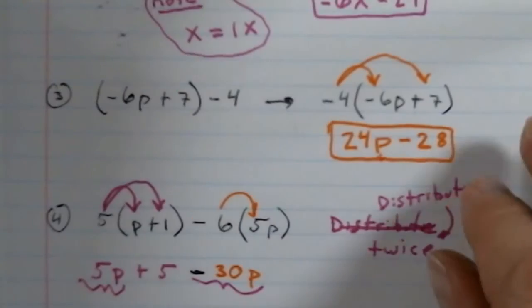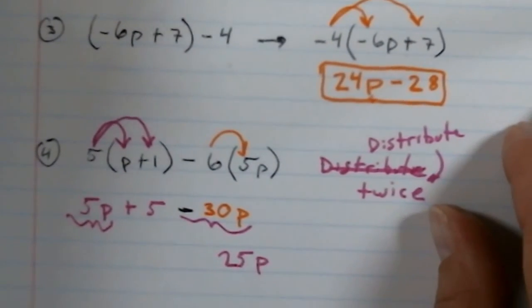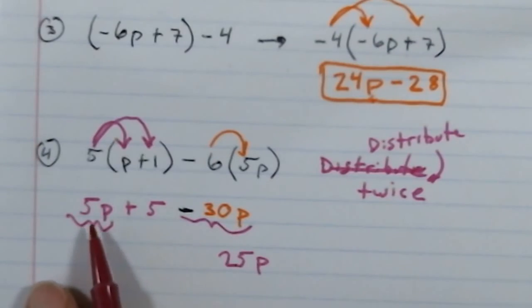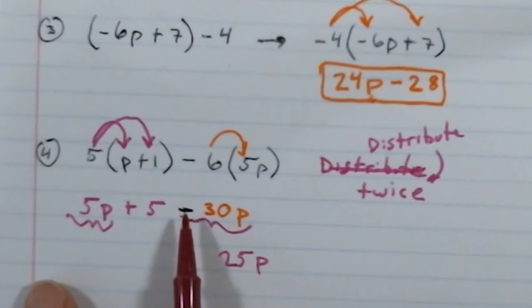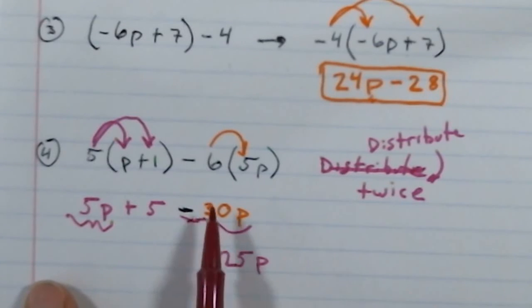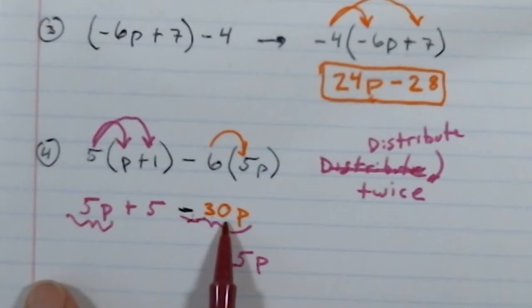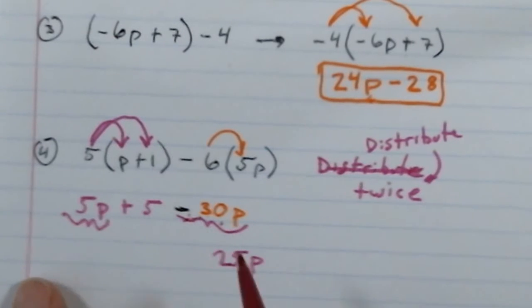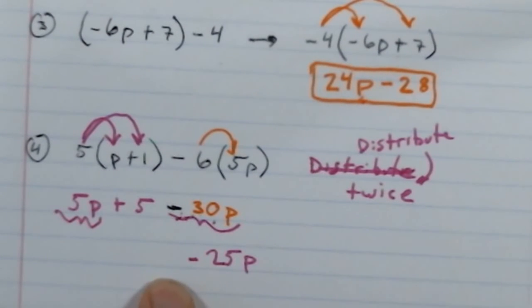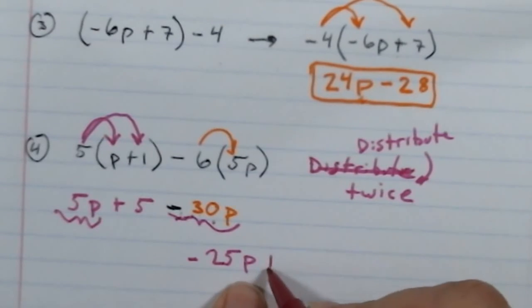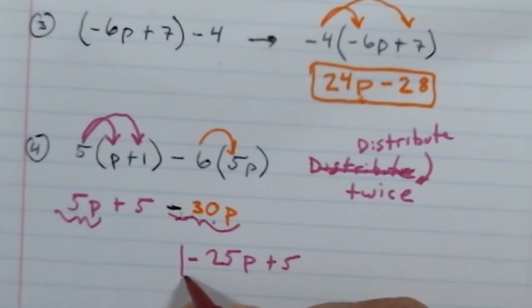You're going to say 25p, because there are more negatives of these. So that's going to be negative 30 plus 5, so you're going to have negative 25p. But what else are we missing? We're missing this 5. So this 5 is going to go right there. And that's your answer.